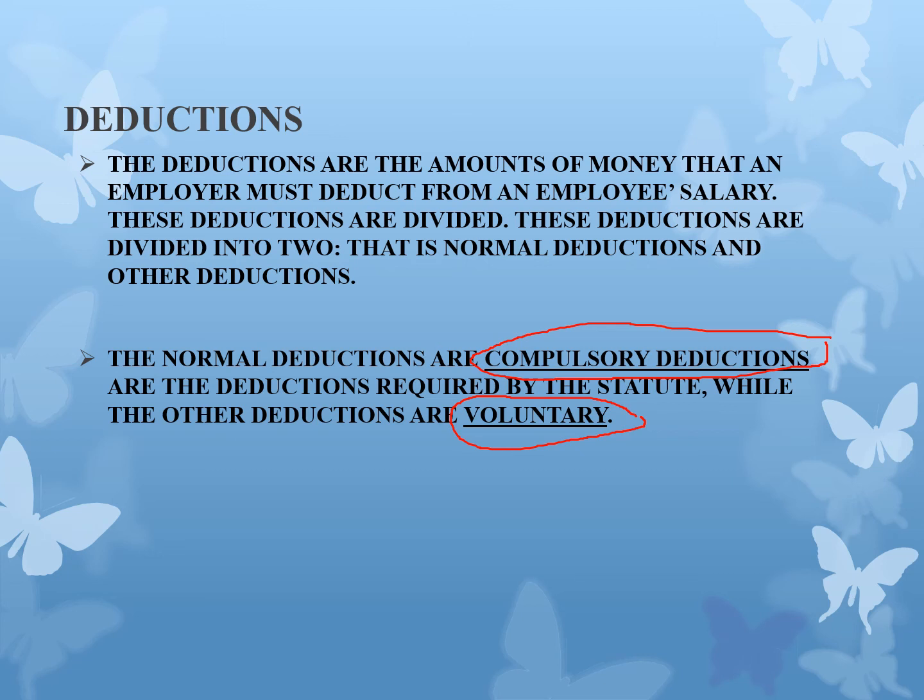UIF, Unemployment Insurance Fund, is also required by law. Number 3, pension fund contribution is also required by law that the employer, before any other deductions, must make the 3. Then the voluntary comes last. For example, your medical aid is not compulsory, it's voluntary.